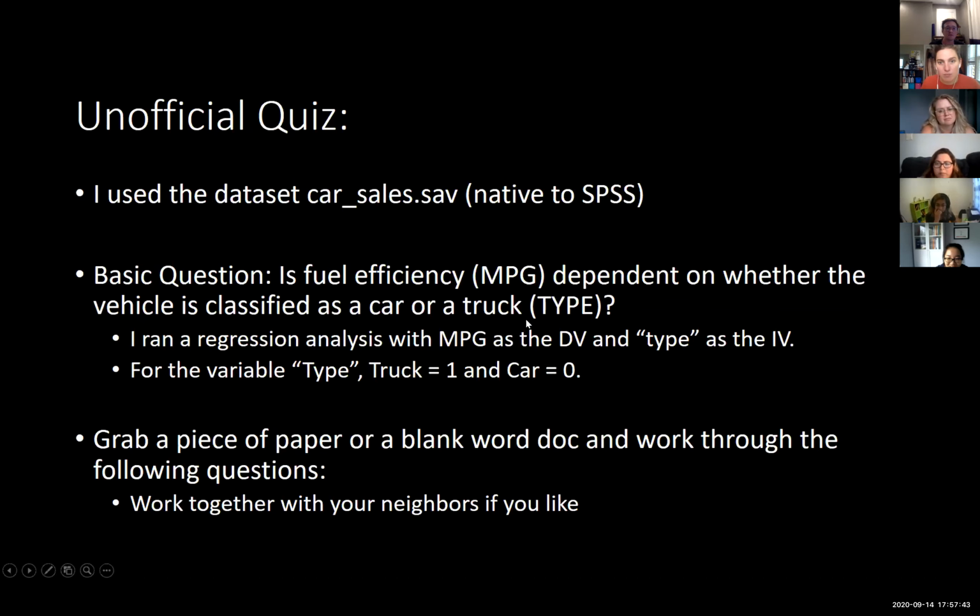That is called type of vehicle in the data set. So I ran a regression analysis with miles per gallon as the dependent variable, or the outcome, and I used type as the independent variable. For the type variable, truck is equal to 1 and car is equal to 0.